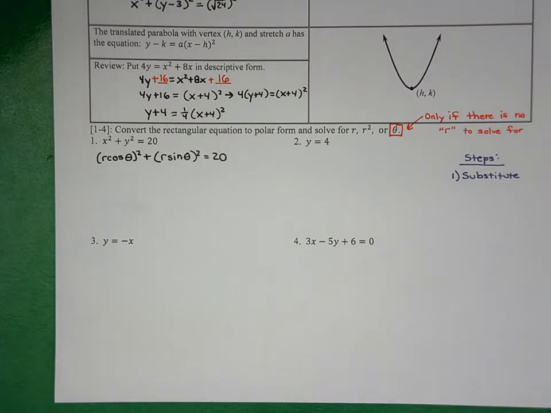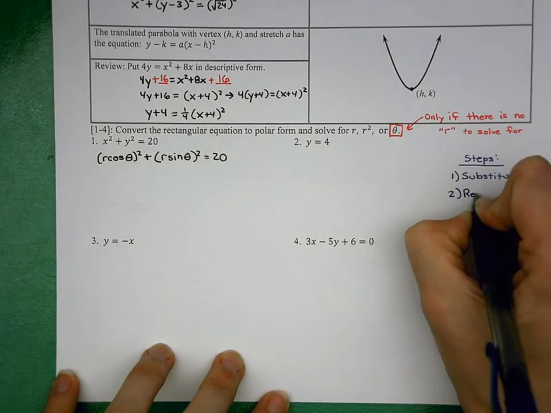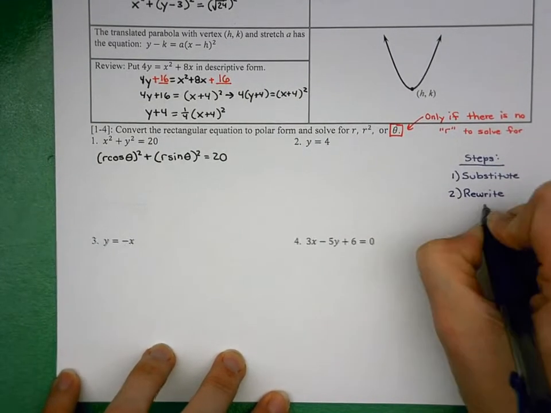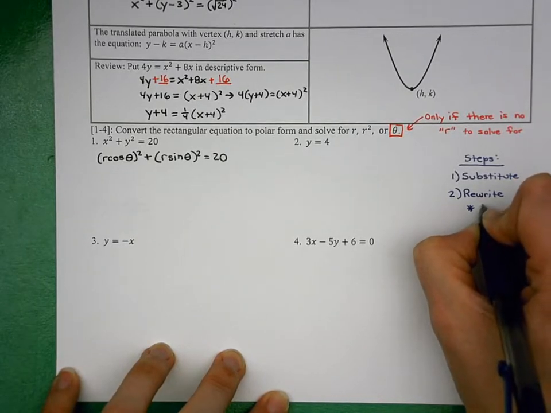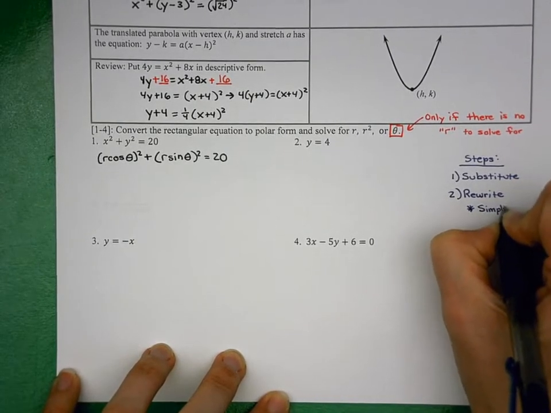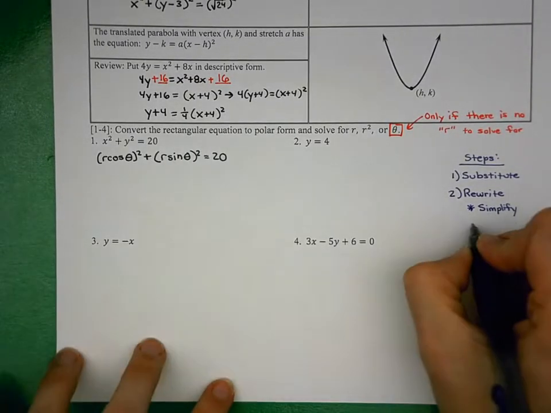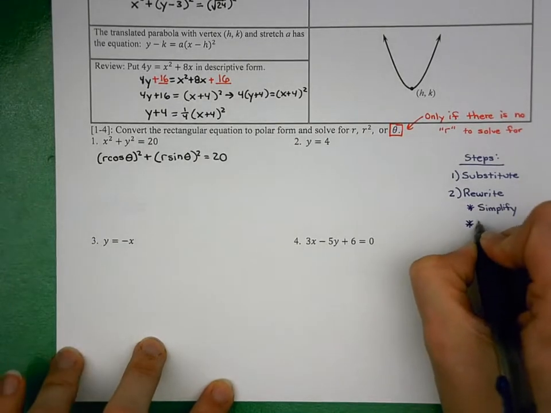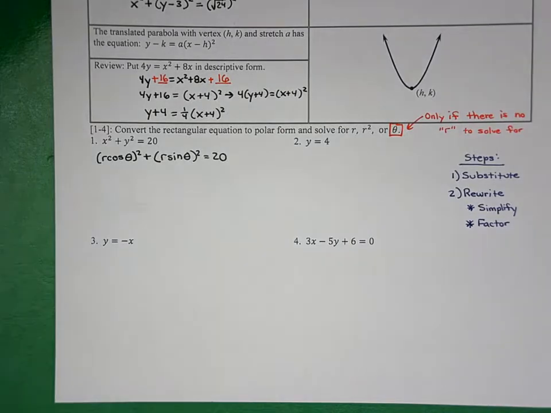So we substituted. The next thing you're going to be looking to do is to rewrite. I know that's a very broad step, but this could potentially mean simplifying in some way, shape, or form, if you have common terms that you could combine. This could mean factoring in some way, if you've got a GCF you could pull out, or a difference of two squares.